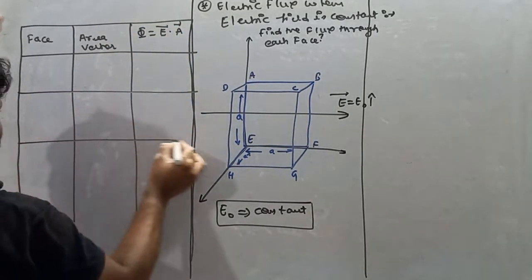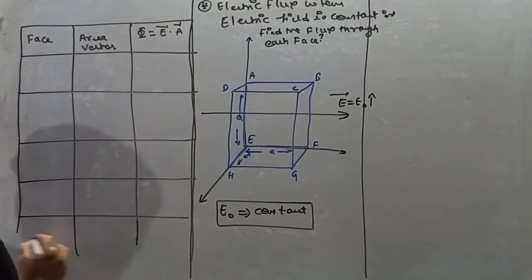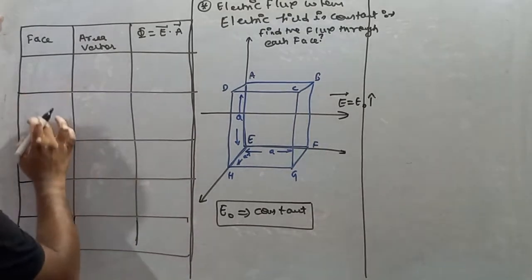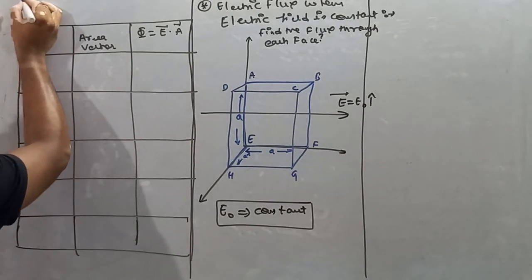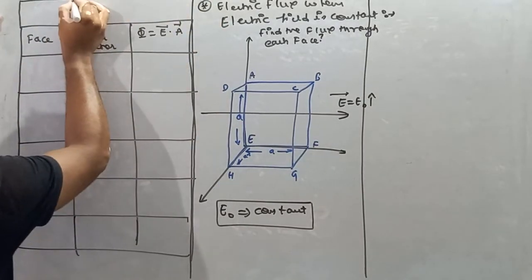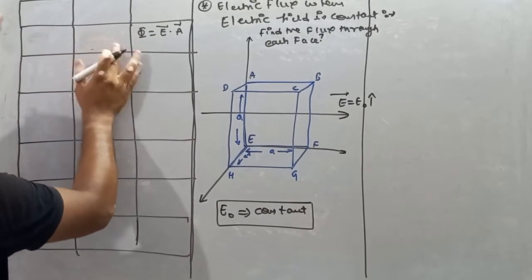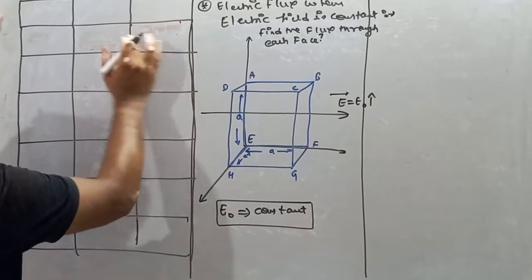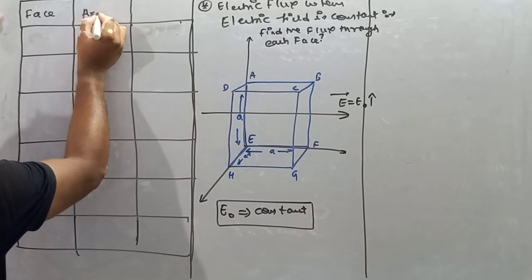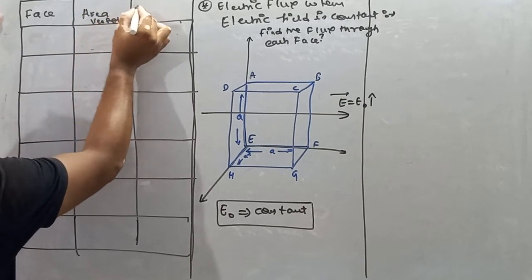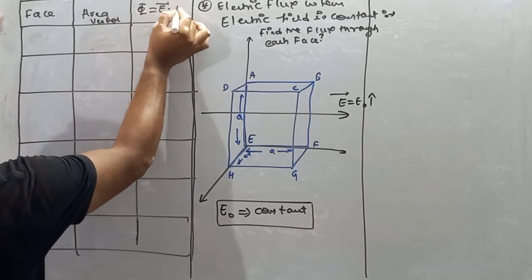Six faces are there, so I have to make 6 rows.